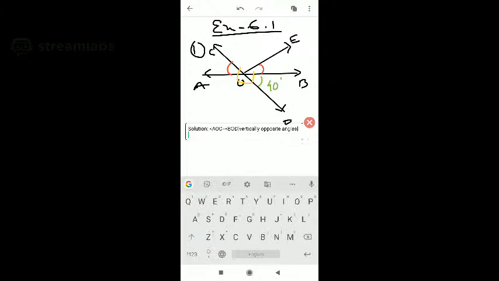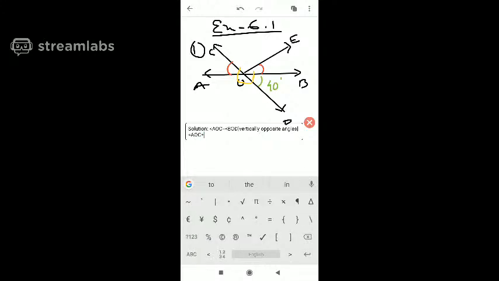So AOC and BOD are equal. BOD we already have from the question as 40 degrees. So we can write AOC equal to 40 degrees. Now we have got AOC.